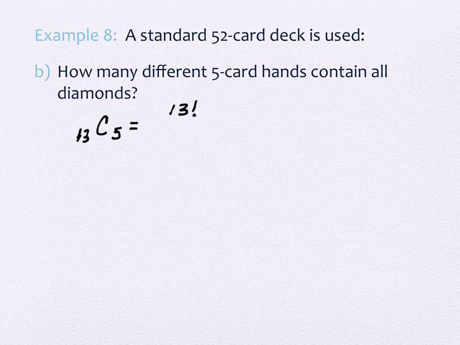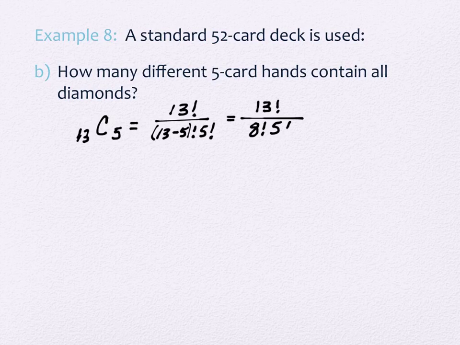13 on top. What goes on bottom? All right, does that look good to everyone? So I have 13 factorial on top. 13 minus 5 would be 8.